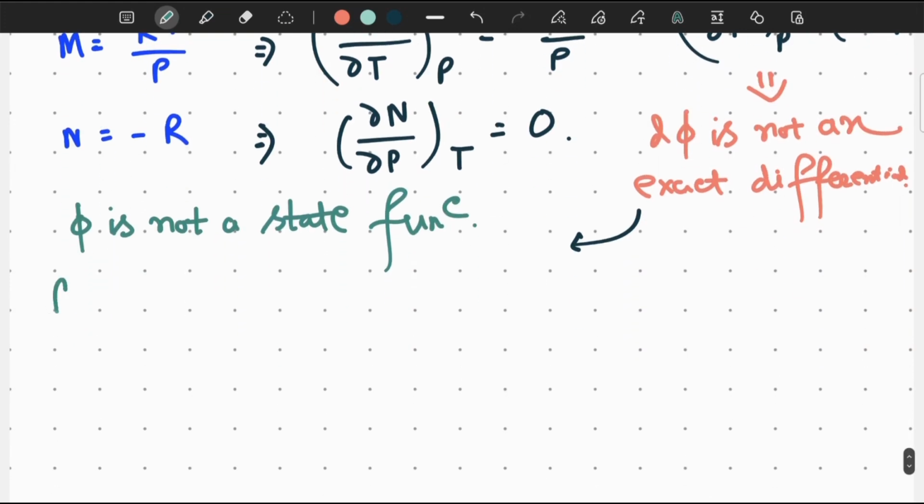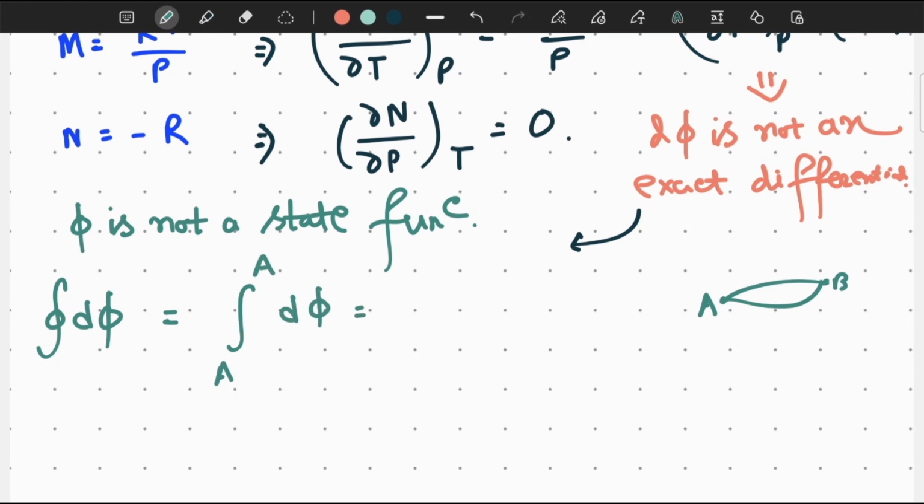For a state function, if phi were a state function, then you can write it as some cyclic path. Cyclic path means A to A. Let's say you start from A, go to B, and again come back to A. So for that you can write it for same state to same state. This is phi A to A, that means phi A minus phi A, so it will be 0. But it is not a state function, so it will depend on path. So it is not equal to 0.